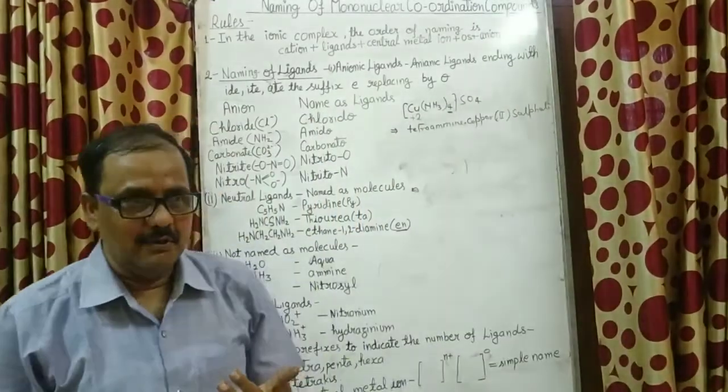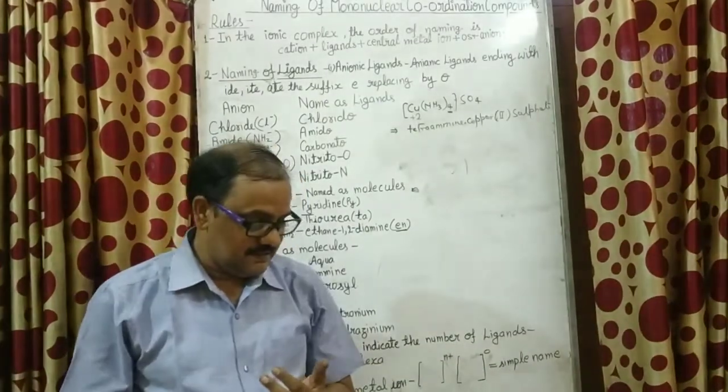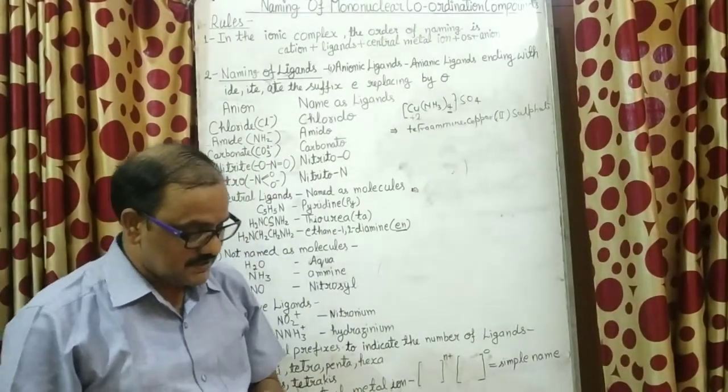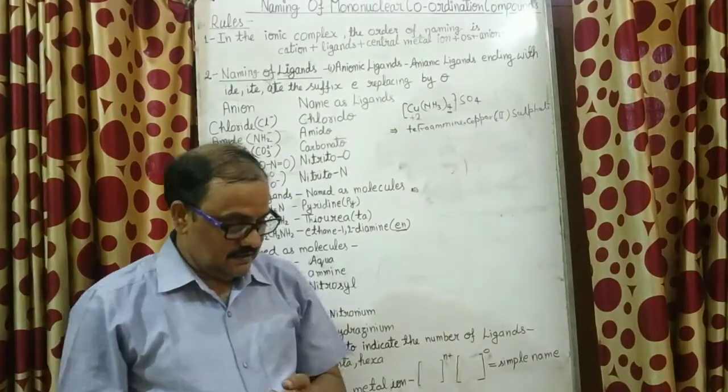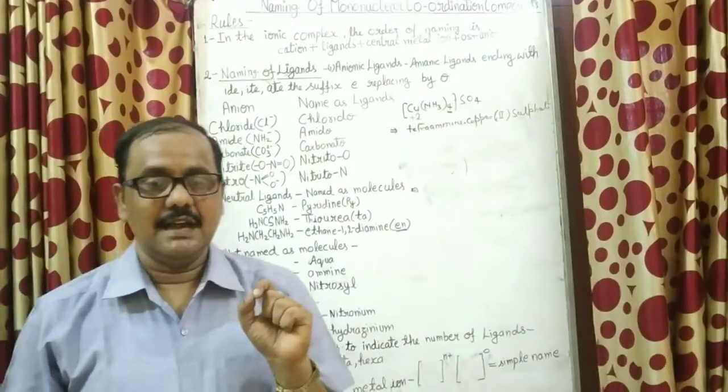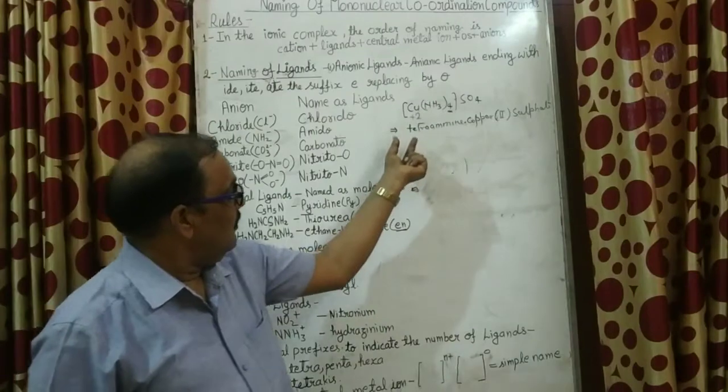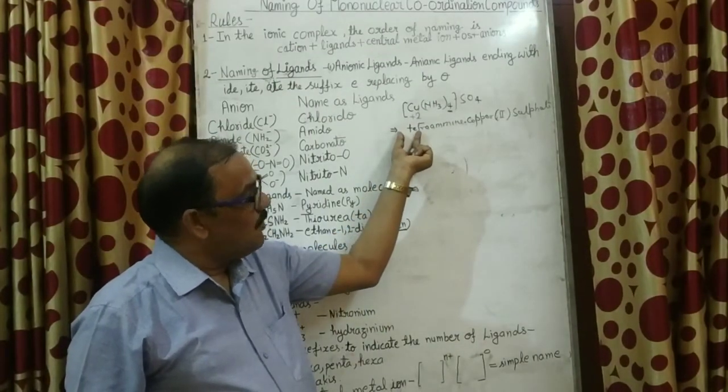Okay, and before one more example, there are some basic points you must know about the naming of complex compounds. First, the name of the complex compound should not start with a capital letter. Always start with a small letter.